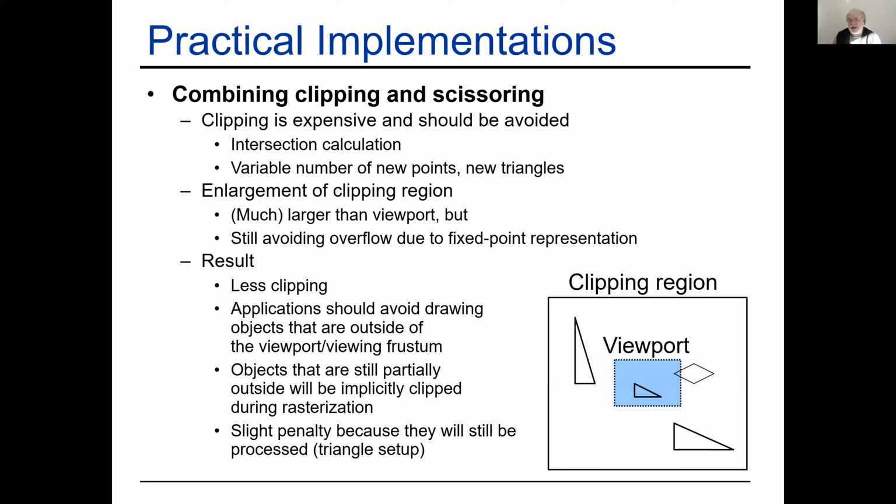Most applications are trying to identify geometry that will not end up near the window at all. And if you take that into account, then you can do a trick.